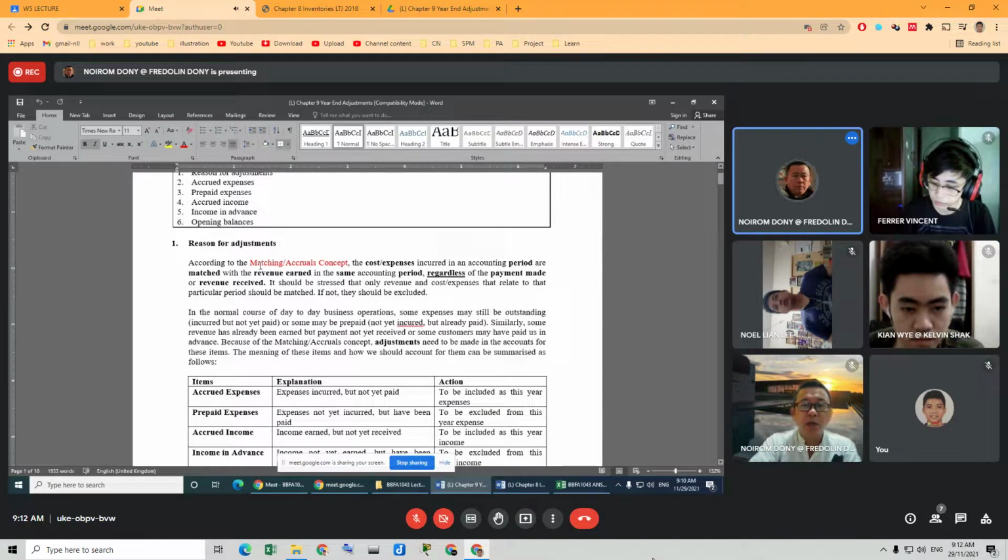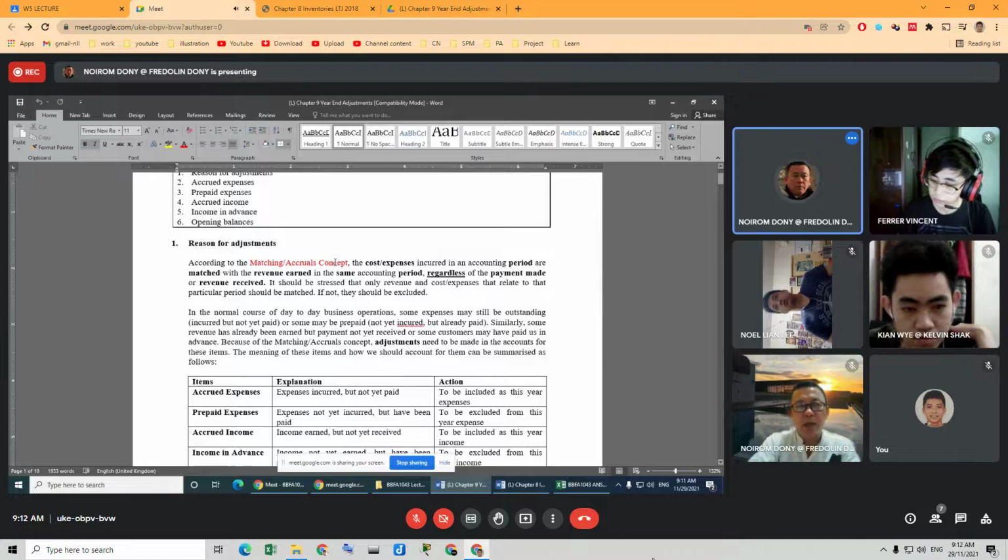Matching says the revenue earned will be matched against the expenses incurred. Accrual is a concept guiding us in recording, which is we record expenses as they are incurred, and we record revenue as it is earned.